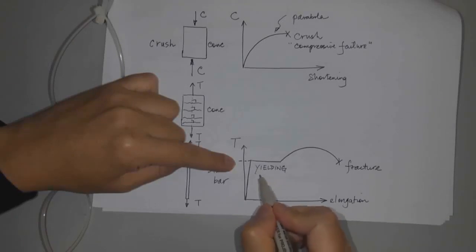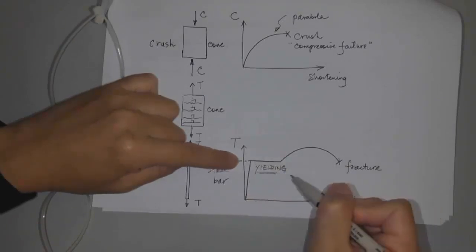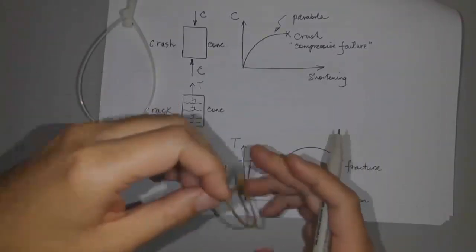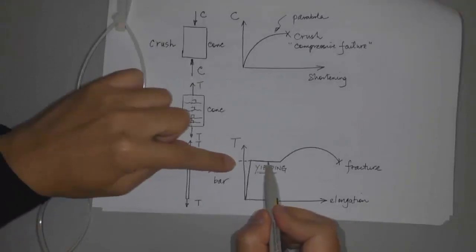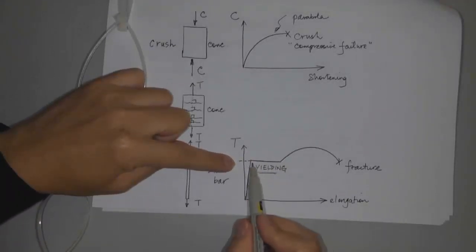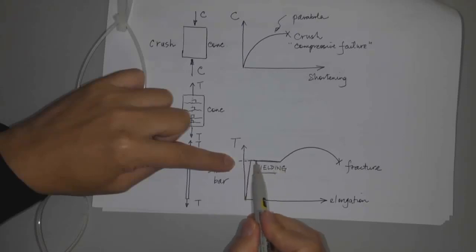Okay, what does this yielding actually mean? I suppose you have seen this in your material part. What does the horizontal line in the graph mean? It means that in this region, T is constant.